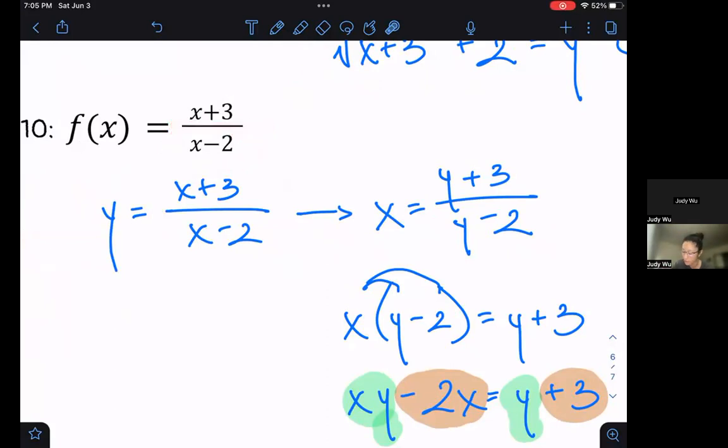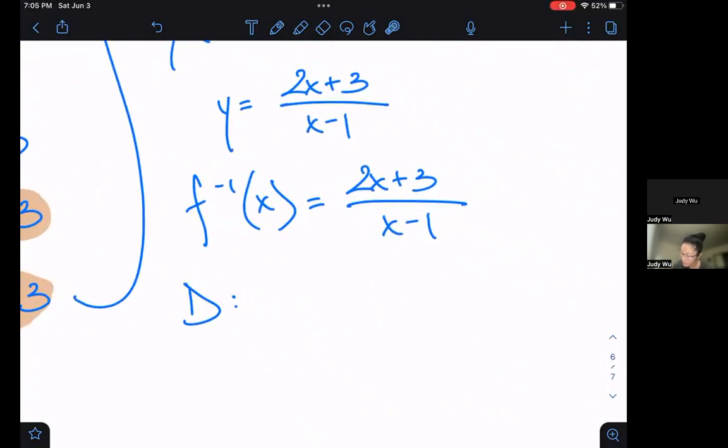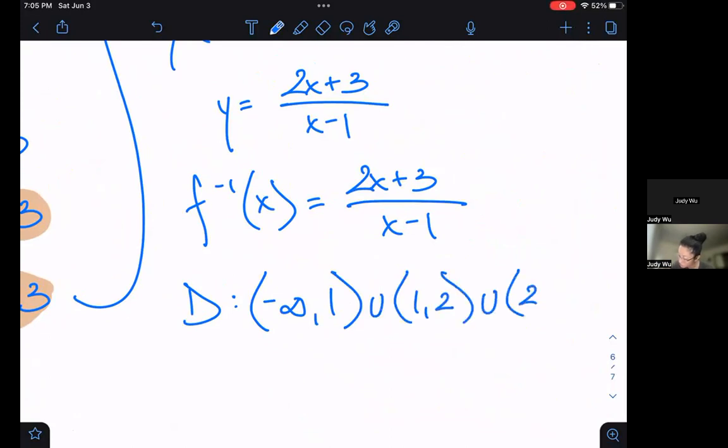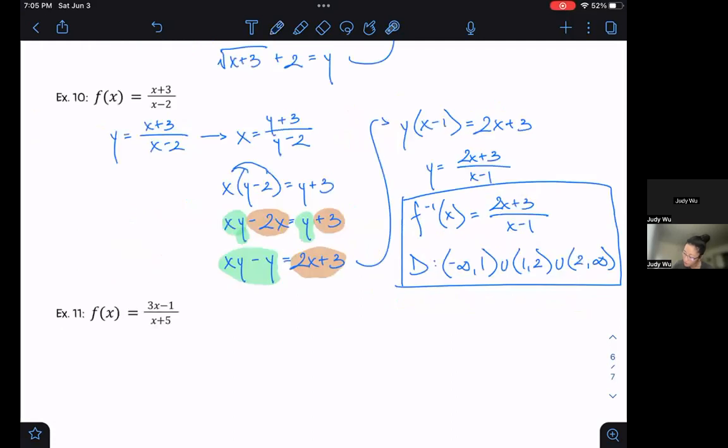So I can't have 2 in the domain. But if I ask myself that same question here, I realize that x cannot be 1 either. So instead, I have to say from negative infinity to 1, in union with 1 to 2, in union with 2 to infinity. All right, so we have to check both the inverse function and the original.